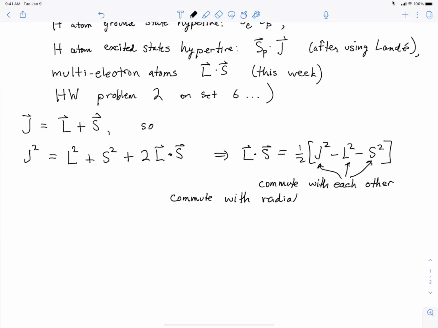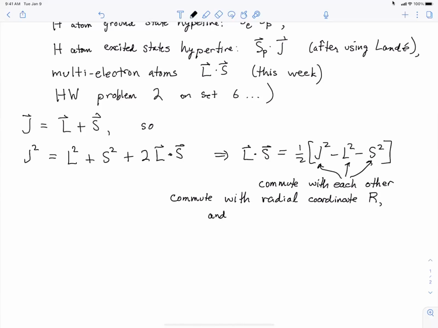That's related to the fact that angular momenta are the generators of rotation. If I do a rotation, I'm just rotating my radial coordinate and the length of it doesn't change. So they commute with the radial coordinate r.